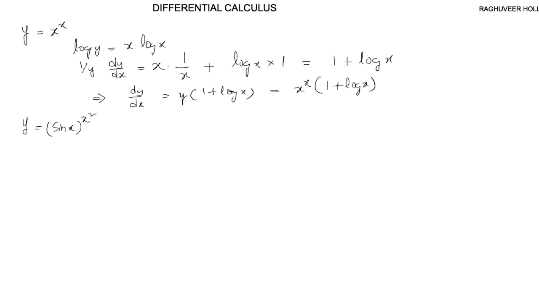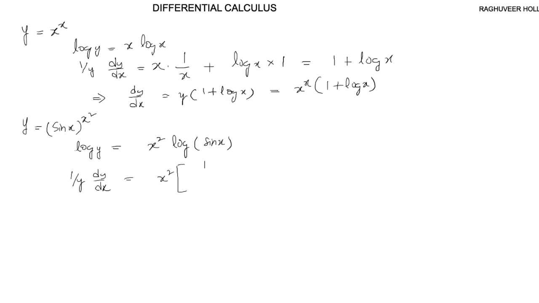Now let us see another problem, that is y is equal to sine x to the power of x square. Now taking logarithms on both sides, we get log y is equal to x square log of sine x, right? Now differentiating both sides with respect to x, we get 1 by y dy by dx. This is equal to x square.